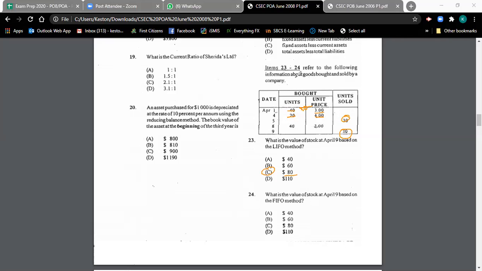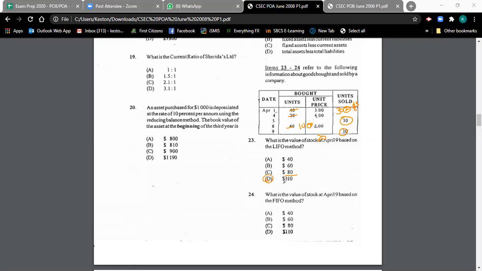Oh no, sorry, wait. My bad, Shania. Last in, first out. This 30 would have come from here, and I'd be left with 30 at $3 each. And then I'd have to take this 30 from here, and I'd be left with 10 at $2 each. So 90, you're right.